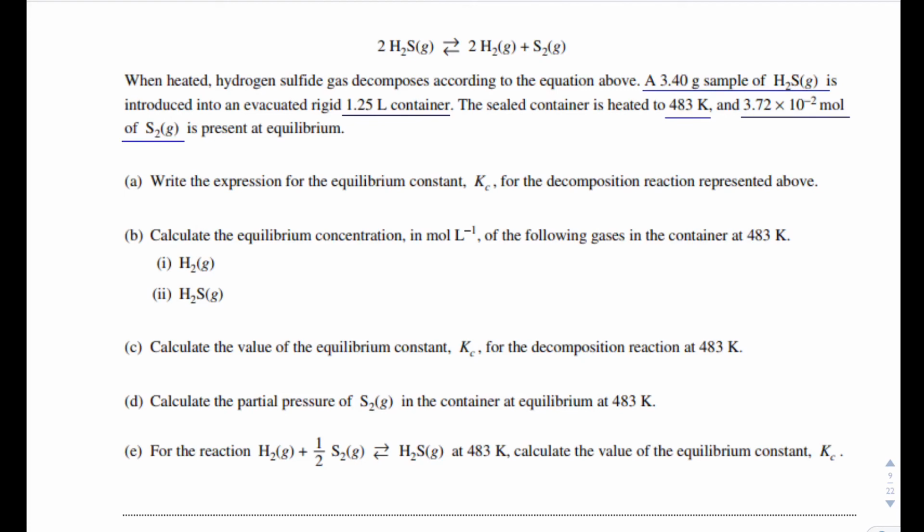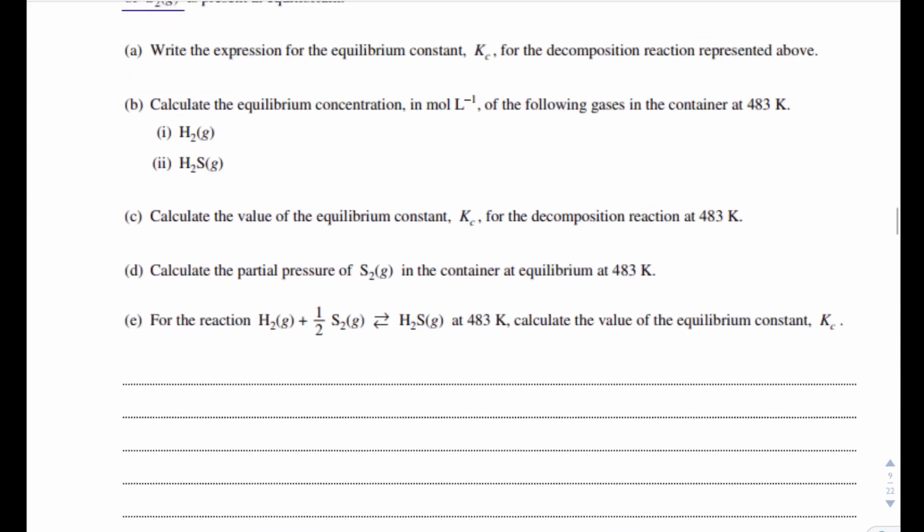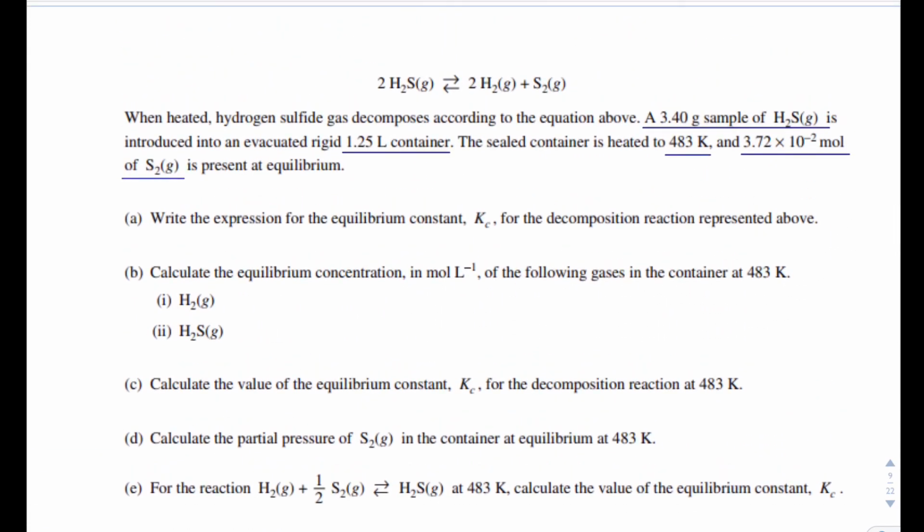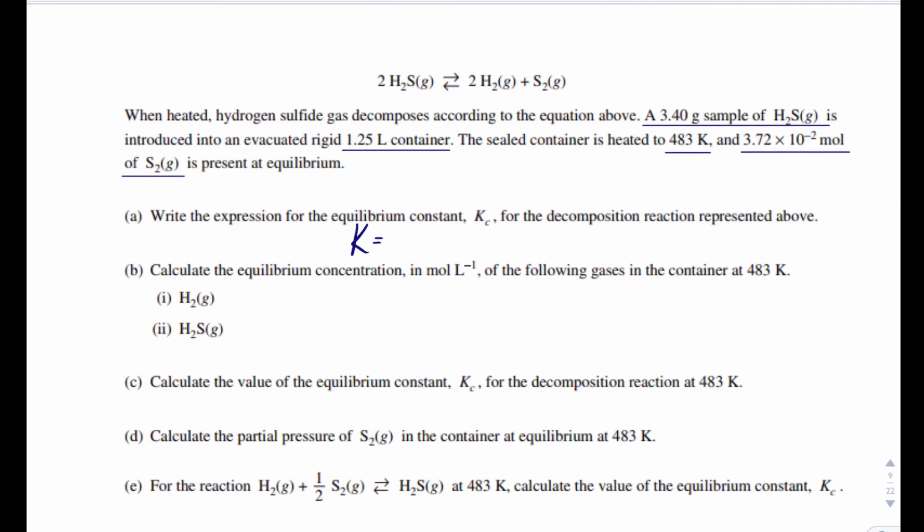But let's first write the K expression here. They don't ask for Kp. They very well could have, because we're given all gases, but they just ask for Kc. So we'll say brackets H2 squared times S2 divided by H2S squared.